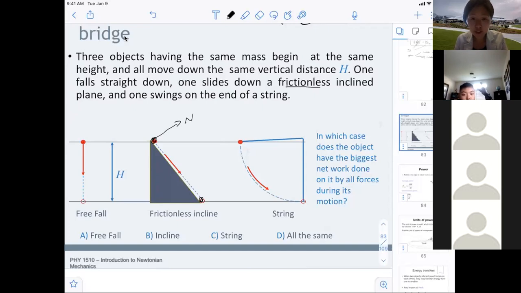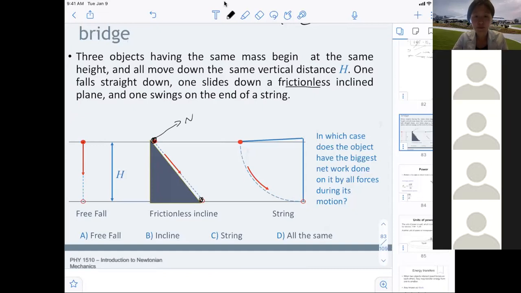Does normal force do any work? No. It doesn't, right? And how do we know that?